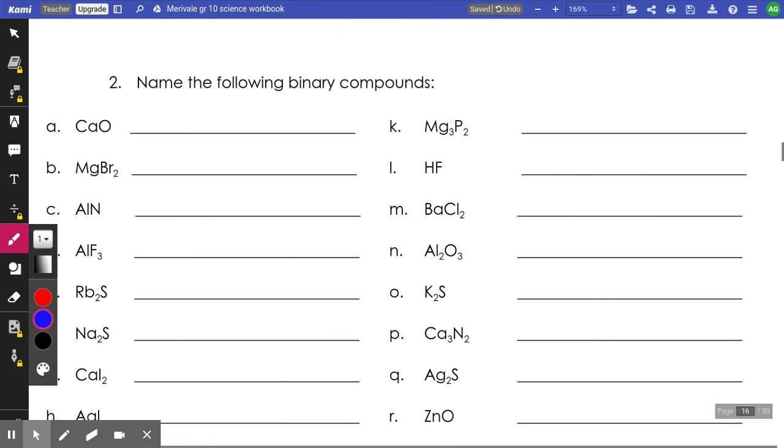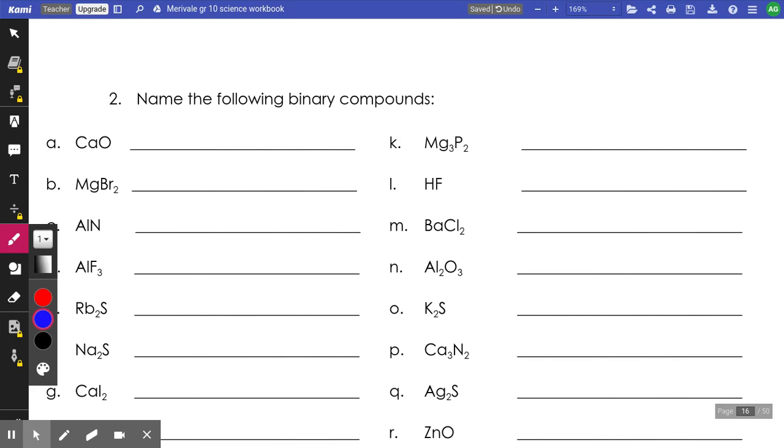Okay, so before we get going with the names, remember, we've got a couple of exceptions to think about. Typically we take off the "ine" ending and add the "ide" ending. But for oxygen, oxygen becomes oxide, like this. Hydrogen becomes hydride, like that.